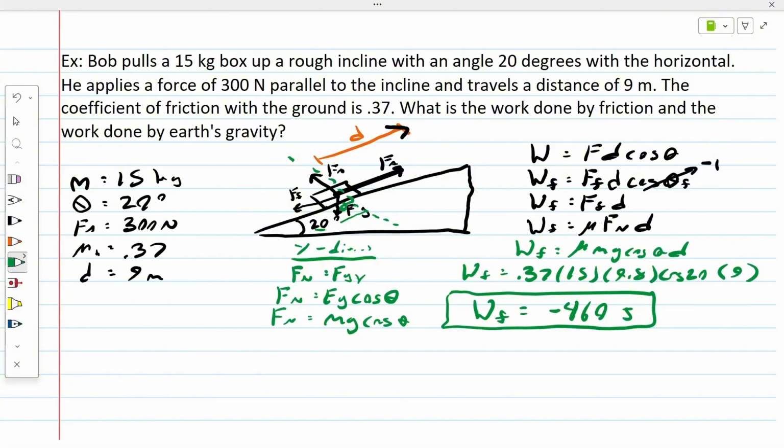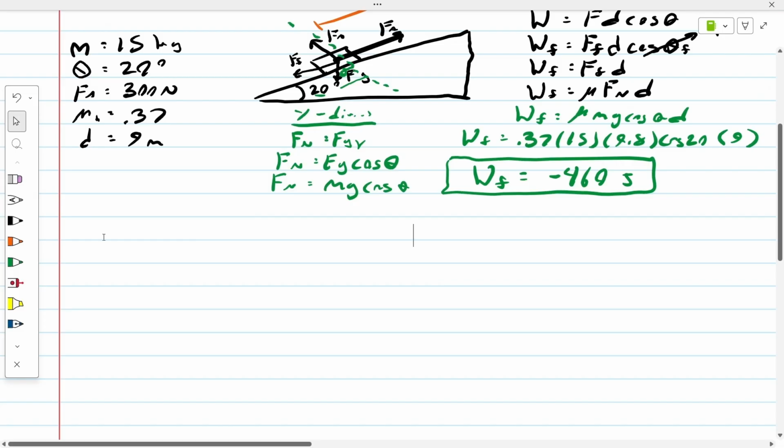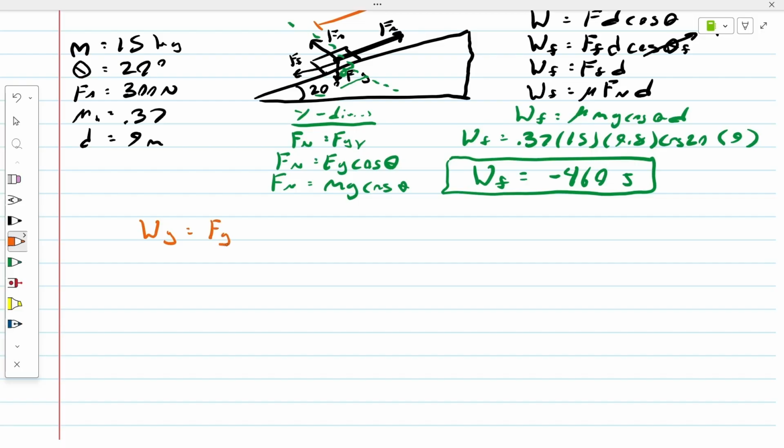So now we need to know what is the work done by Earth's gravity. I'm going to scroll down a little bit here. If we want the work due to gravity, then we're just going to use Fg, what's causing the force, times d cosine of theta, and I'll just say theta g, right?